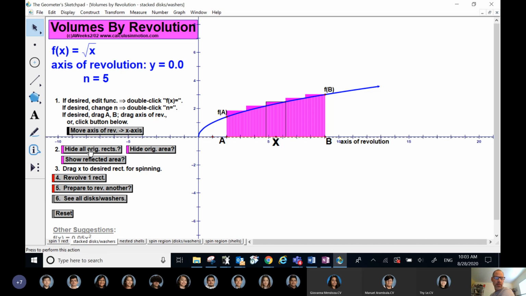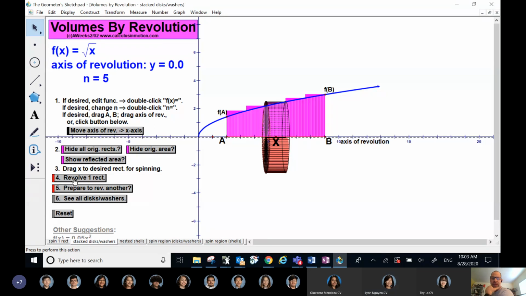What's happening as I revolve? What shape is formed? Lynn, what shape is formed? Cylinder? Yeah, it's a cylinder, right?